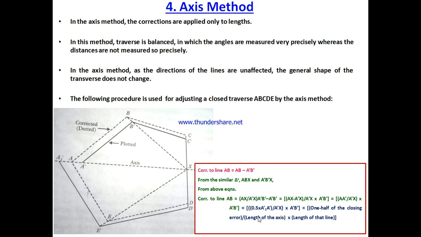So in this manner, from the axis method, we have determined that the correction to any line, suppose I am considering line AB, will be equal to one half of the closing error upon the length of the axis, into the length of that particular line. Here A dash A1 dash is the closing error, the length of the axis is AX, and the length of the line is A dash B dash.